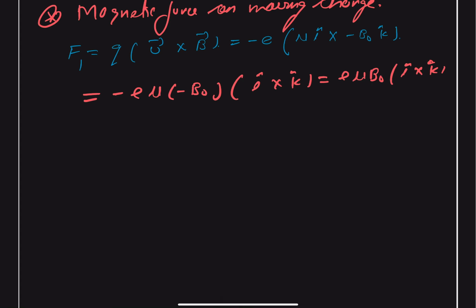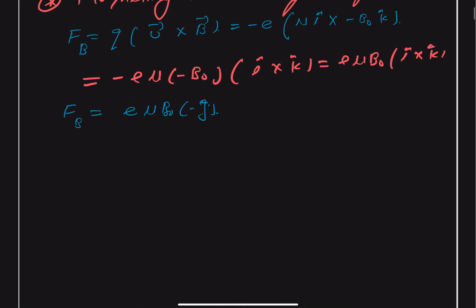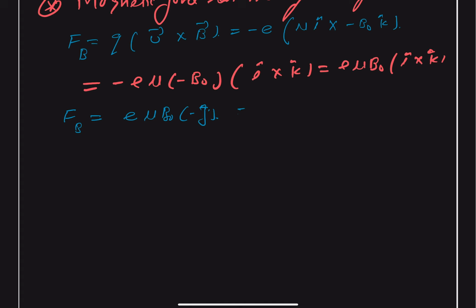So we get that the force due to the magnetic field will be equal to e u B naught times minus j unit vector. So it means the force will be acting along the y-axis, but in the negative y direction. So we can say F_B will be along the negative y-axis.